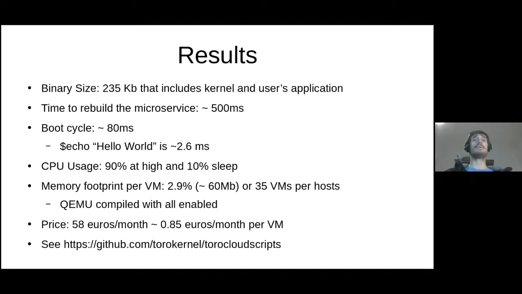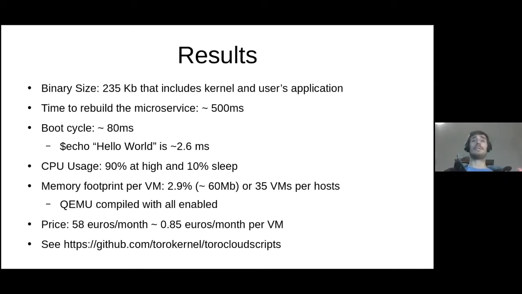And the memory footprint per VM is around 2.9% of memory, which is about 60 megabytes, or 35 VMs per host. In this case, I have compiled QEMU with all the configuration enabled.